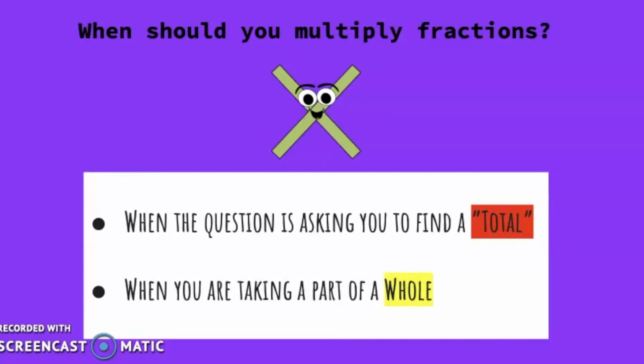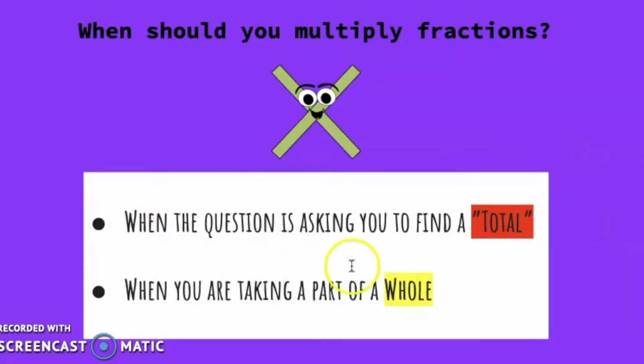But if we were looking for a total, then our only math operation options were adding and multiplying. So whenever a question is asking you to find a total, then you already know that you need to multiply.